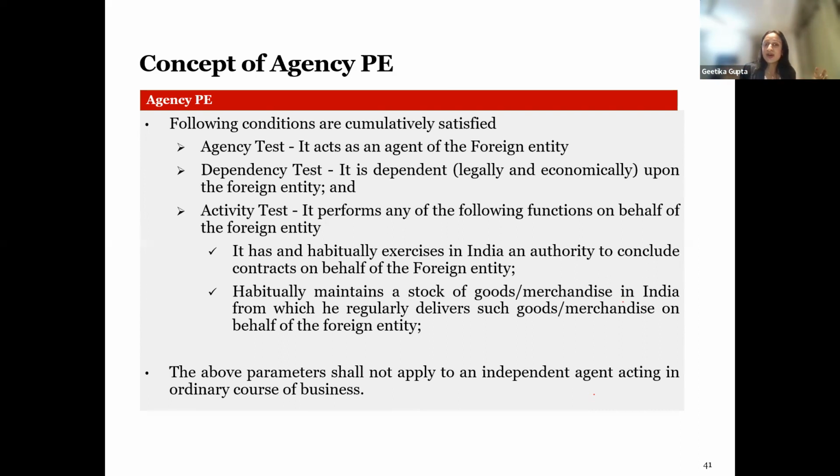So see what the agreements are, and on the ground practically how things are done, what the role of the Indian entity is in undertaking the functions, whether it's exceeding its function or doing a limited function. Whether I am an agent, if I satisfy as an agent, whether I can still say I am an independent agent and no taxability. Even if I'm not an independent agent, I am a dependent agent. Please test each and every condition. Can I be said to be habitually concluding the contracts?